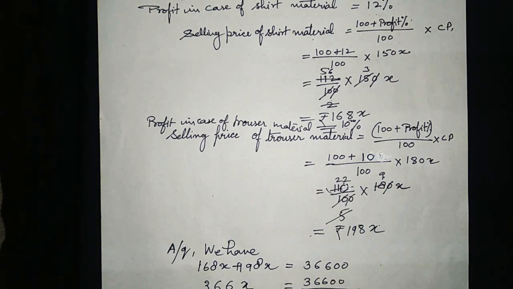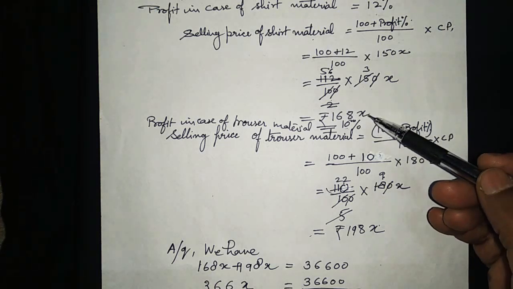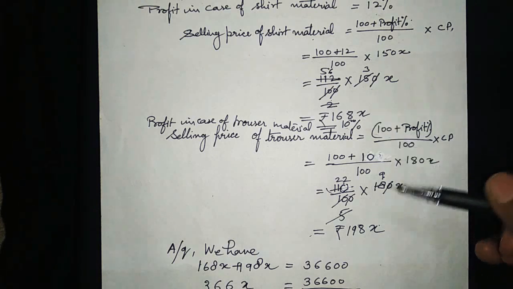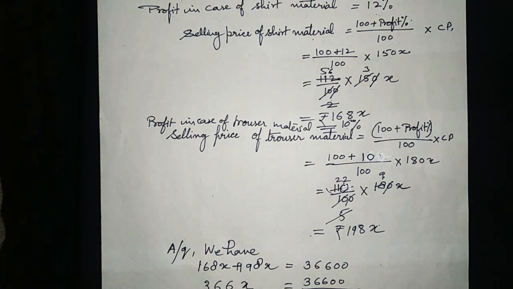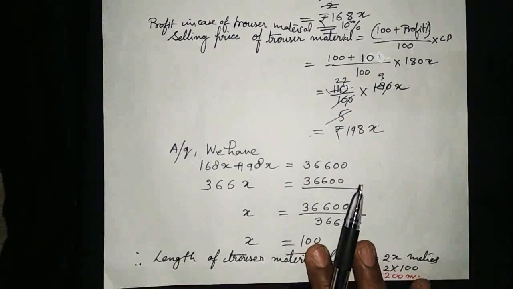Now you come again to the question. His total sale is rupees 36,600. So this is our sale, 168x and 198x. Then according to the question, total sale is 36,600.